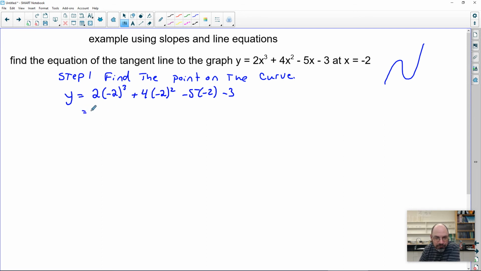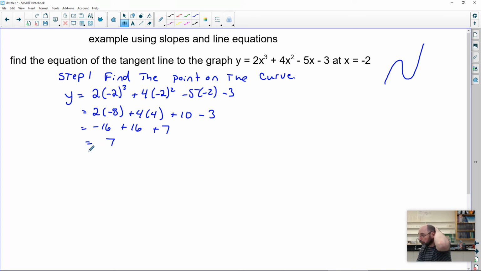Now negative 2 times negative 2 times negative 2 is negative 8, so this is negative 16. Plus 4 times negative 2 times negative 2 is 4, so this is positive 16. Plus 10 minus 3, and this is plus 7. So that's going to give us 7. So we've got our point at negative 2 and 7.